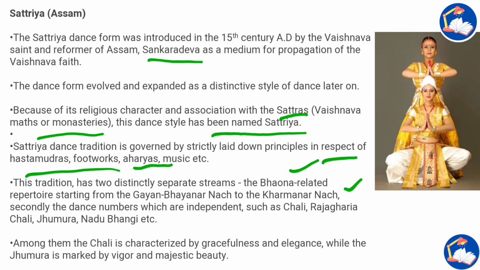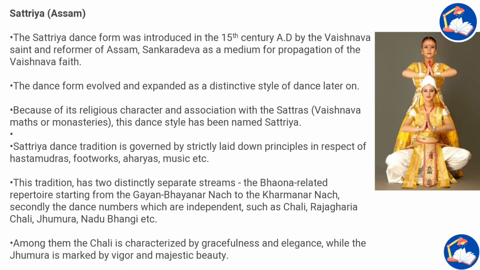Secondly, the dance numbers which are independent, such as Chali. Among them, Chali is characterized by gracefulness and elegance, while Gumara is marked by vigor and majestic beauty. So we can say these are more like the Lasya and Tandava forms of the dance.